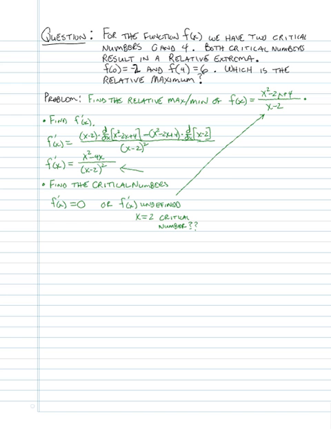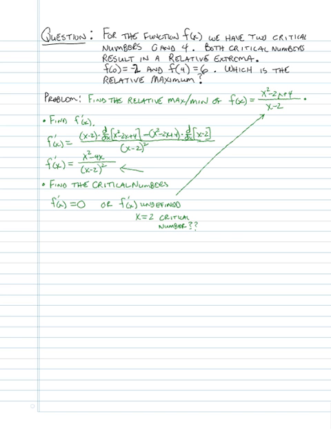And so now this was different. We call this a pseudo-critical number, where we're talking about whether the graph is changing from increasing to decreasing or vice versa, when we're looking at increasing and decreasing intervals of a function. And certainly on either side of where a function is undefined, we might change from increasing to decreasing or vice versa.